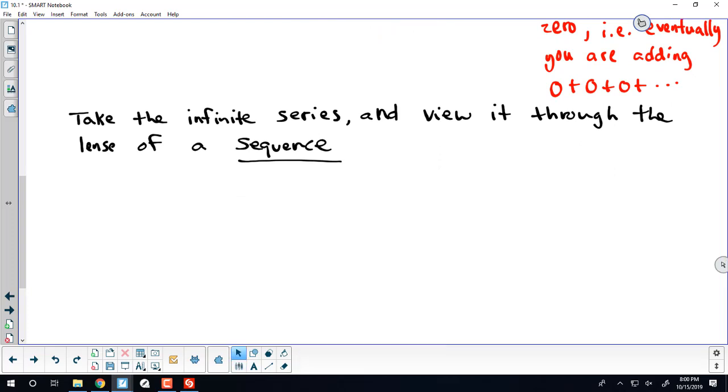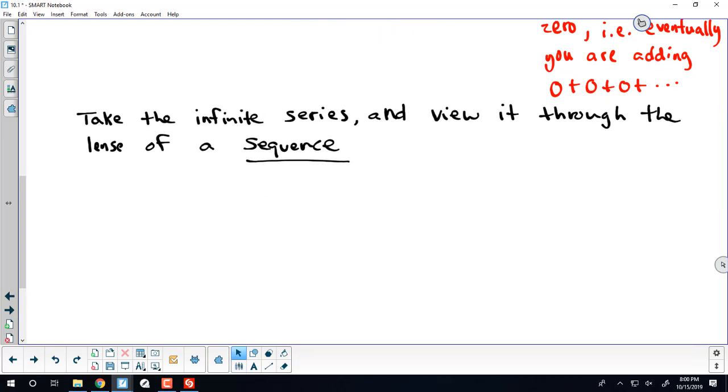Specifically a finite sequence, and then we modify that finiteness.